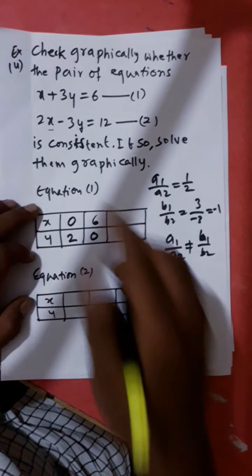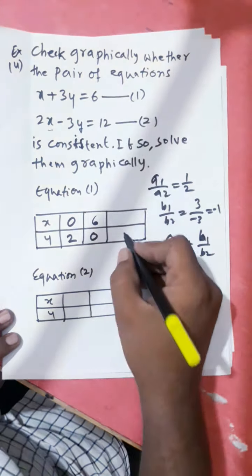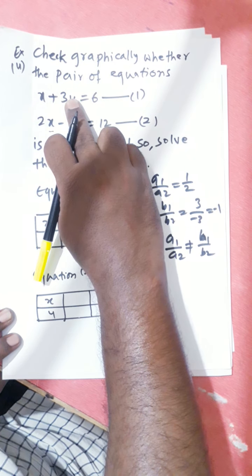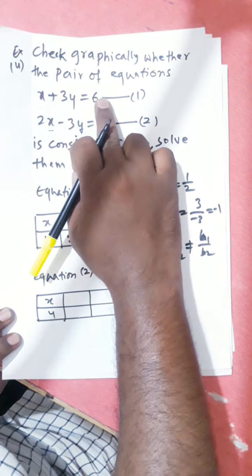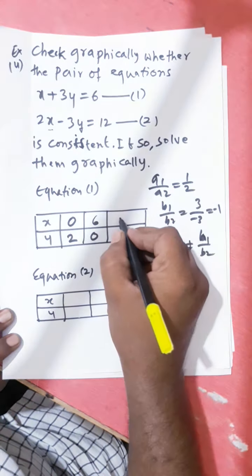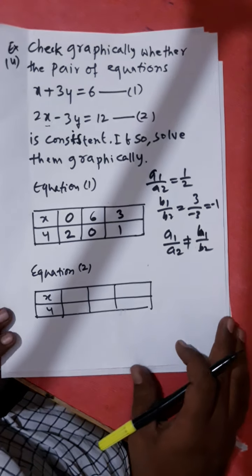Suppose I take y is equal to 1. Suppose 3 into 1, this will be 3. x plus 3 is equal to 6. So x is equal to 6 minus 3. It will be 3.